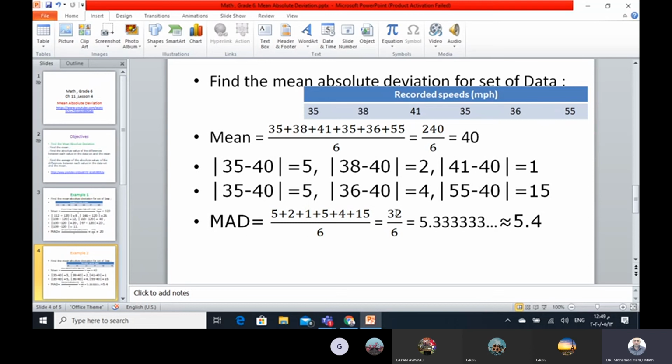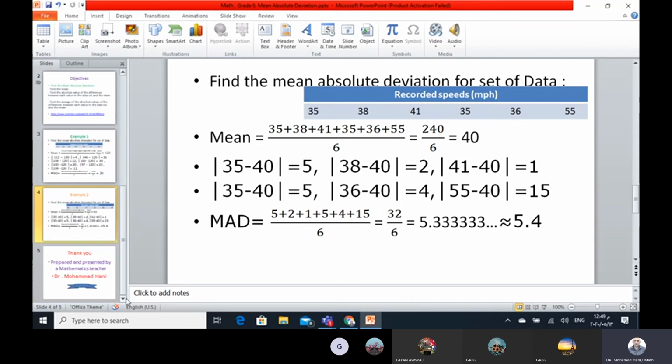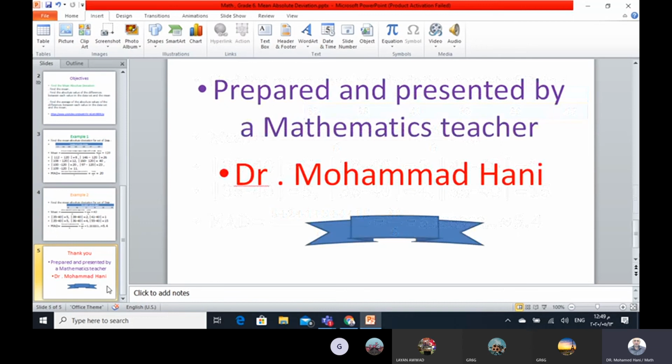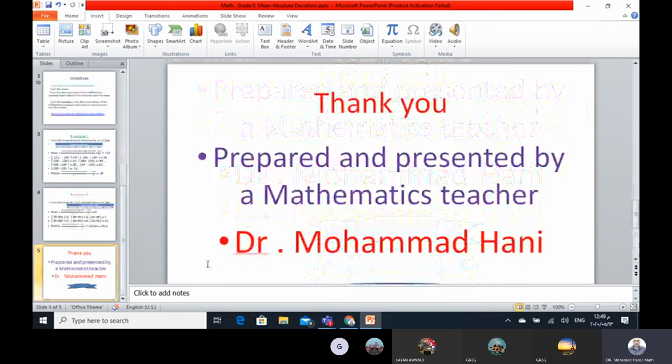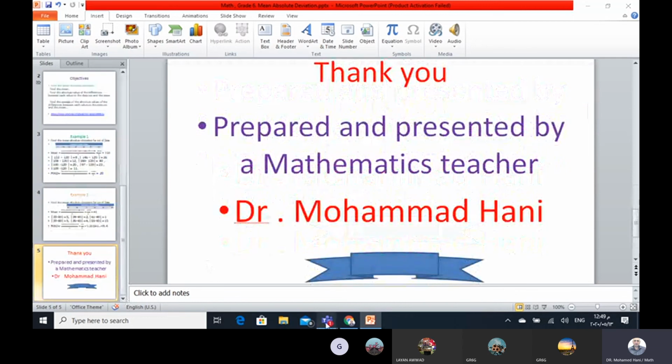The sum will be 32 divided by 6. The answer will be 5.3 with repeating notation, so I can round to 5.4, approximately equal to 5.4. So this is our lesson today. We learned today how to find the mean absolute deviation.